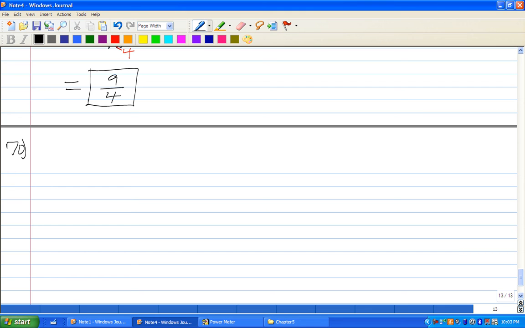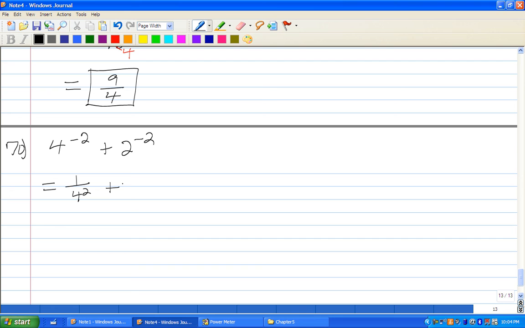In exercises 61 through 70, simplify the numerical expression. 4 to the negative 2 plus 2 to the negative 2. I have a negative exponent, so let me take the reciprocal. So this is 1 over 4 squared.